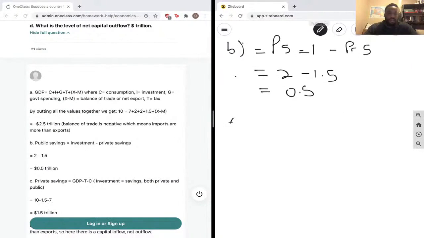Part C is asking us for what private savings is. And our tutor describes private saving.